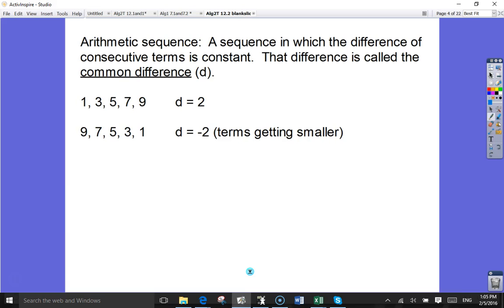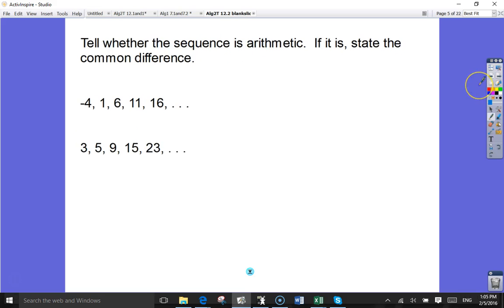So we ought to be able to look at a sequence of numbers and tell whether or not it's arithmetic, and if it is, state the common difference. One of those is arithmetic. Which one is it?